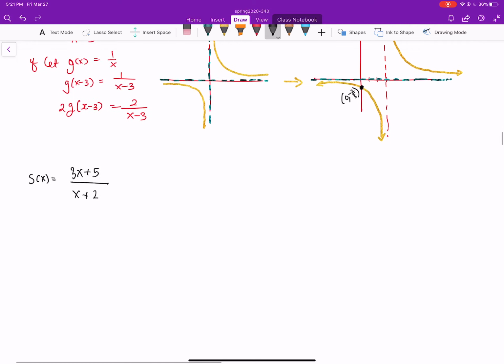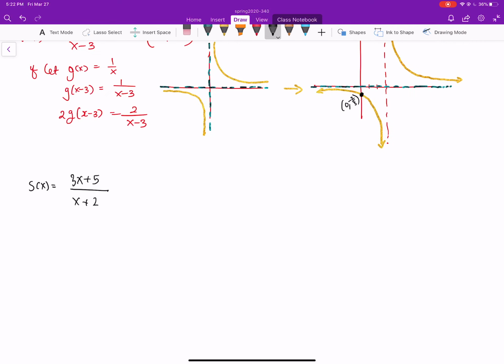So if I do the long division, I have x plus 2 into 3x plus 5. This goes in 3 times. I get 3x plus 6. Subtract. You end up with negative 1. So this expression can be written as 3 minus 1 over x plus 2.